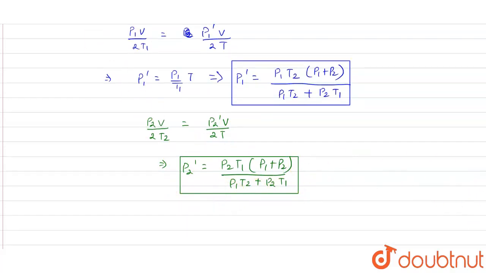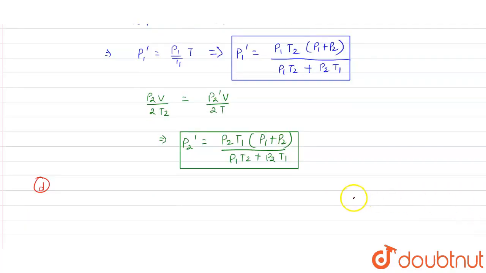Now the fourth part: we have calculated the third part, the equilibrium temperature. For the fourth part we have to calculate the heat lost on the right chamber, correct? So the heat lost on the right chamber will be given as N2 CV T2 minus N2 CV T, that is the final temperature, correct?